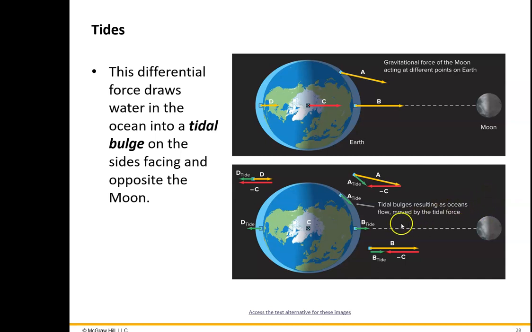So it wouldn't be 9 o'clock anymore. The next day it would be 9:50. Because the moon would be right here, the high tide has shifted, and of course the low tide is shifted by 50 minutes. This high tide is shifted by, and so forth, right?